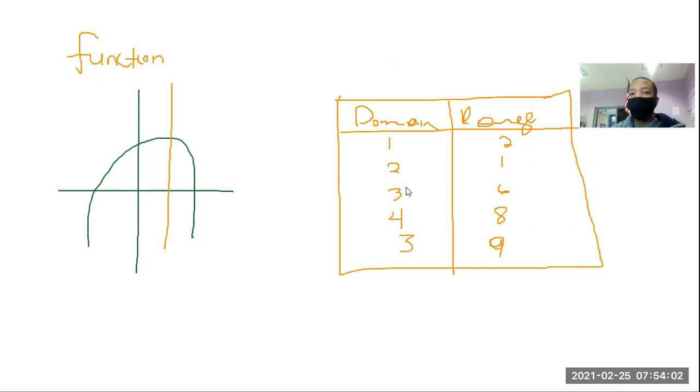With a table like this, we realize that 3 is repeated twice on the domain side, which would make this not a function.